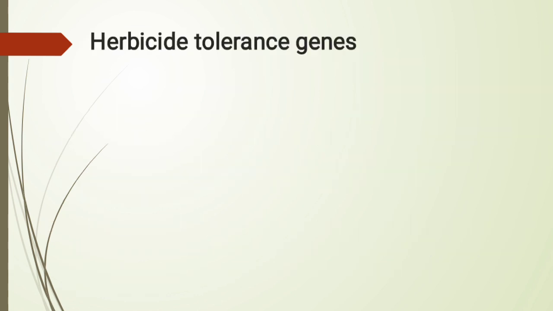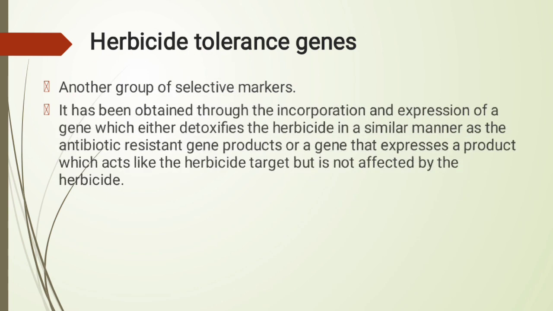Next one is the herbicide tolerance gene, another group of selective markers. It has been obtained through the incorporation and expression of a gene which either detoxifies the herbicide in a similar manner as the antibiotic-resistance gene products, or a gene that expresses a product which acts like the herbicide target but is not affected by the herbicide.